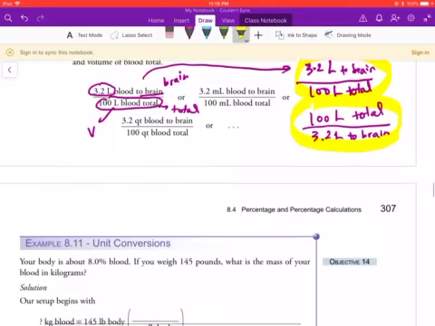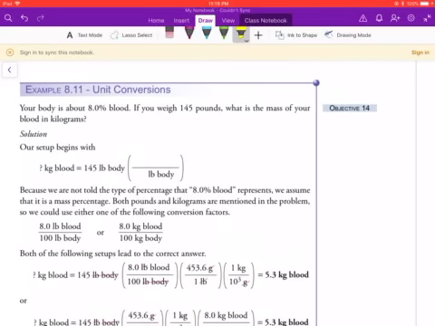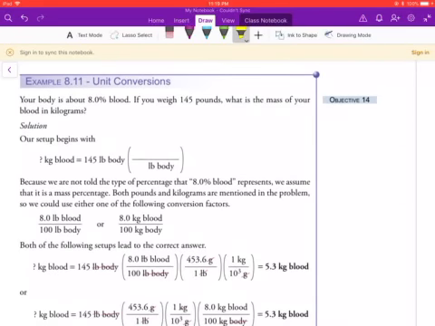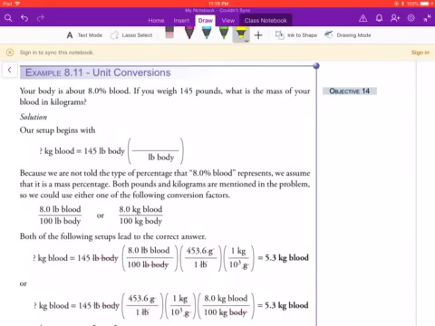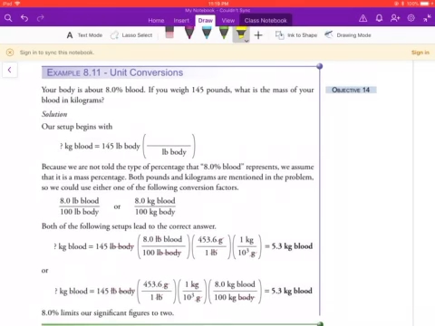Then I want you to see this next question using percentages as conversion factor in your textbook. In the problem, you're told your body is about 8.0% blood.